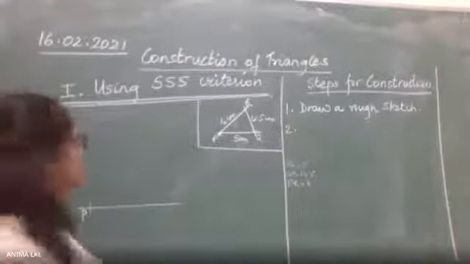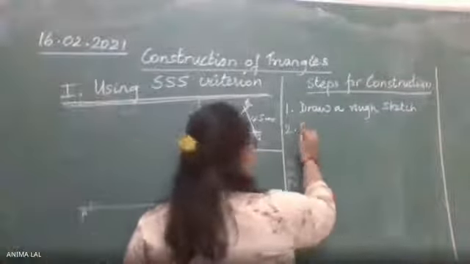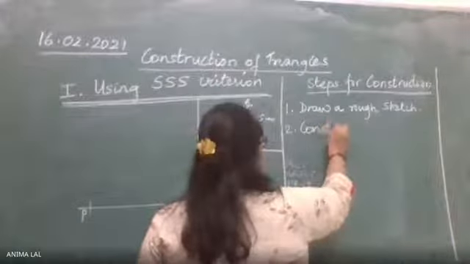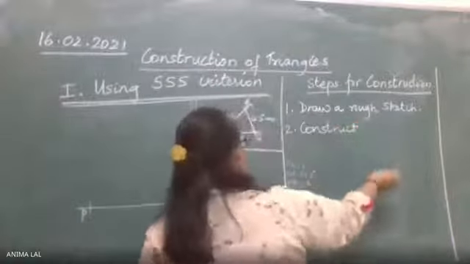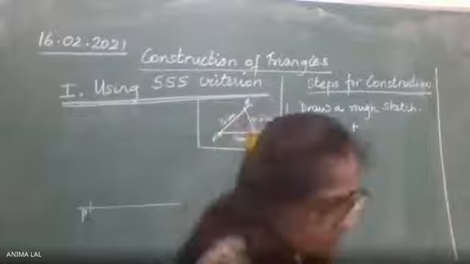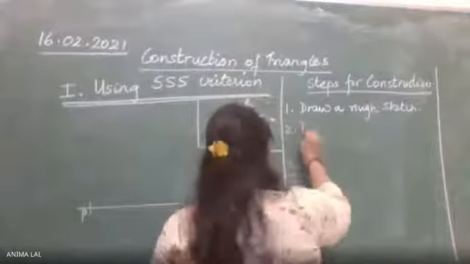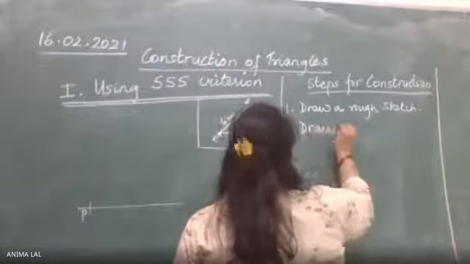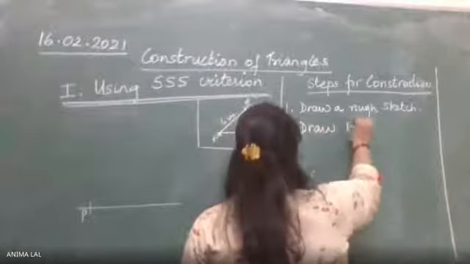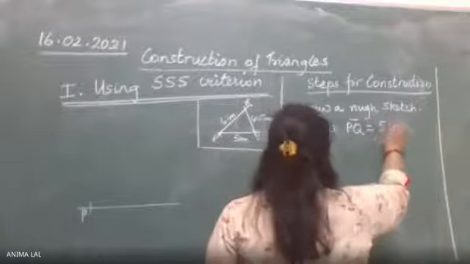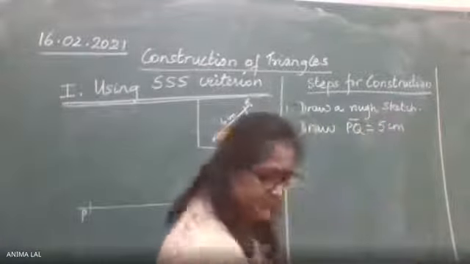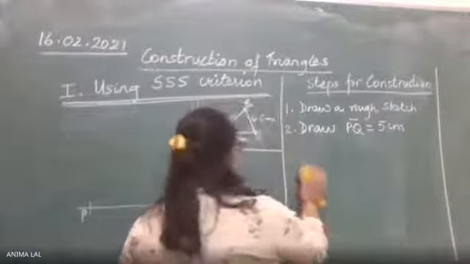So my next step will be, sorry, not construct, we will write it as draw only. Draw PQ equal to 5 centimeters. That is your next step.